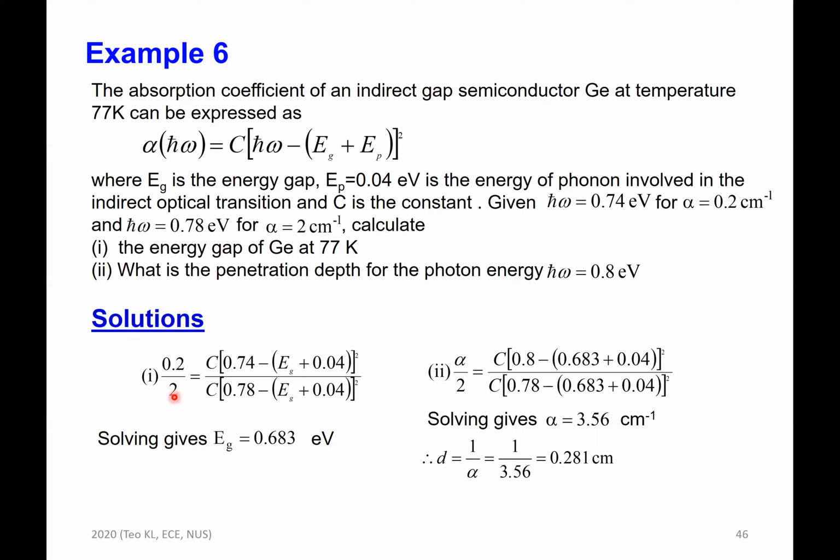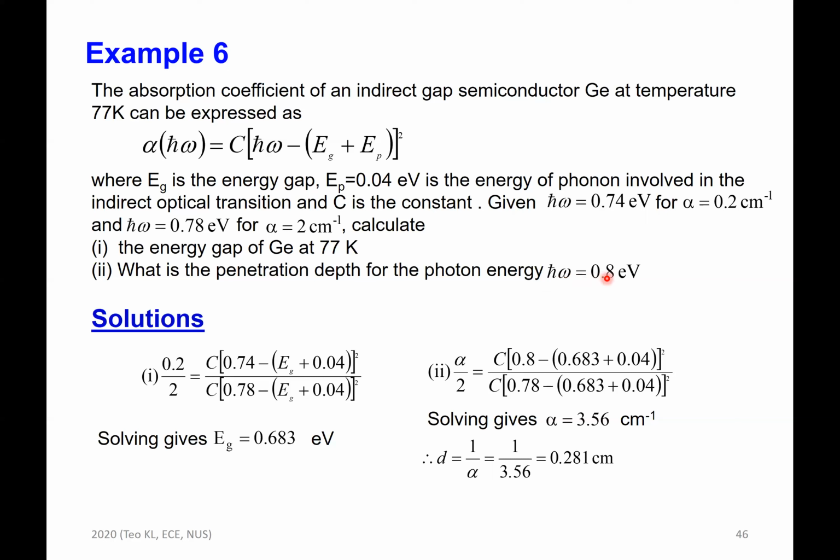And for the other one, the absorption coefficient is 2, the photon energy ħω is 0.78, and the band gap is the same, with the same phonon energy, 0.04 eV. So by taking the ratio, you can find the band gap of 0.683 eV, which is the band gap of germanium.